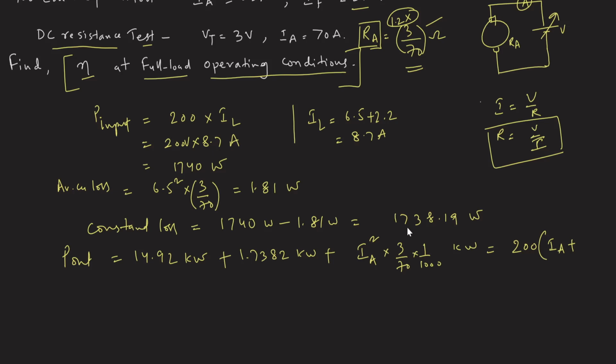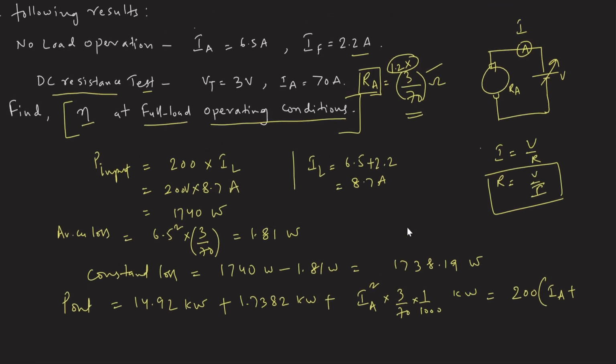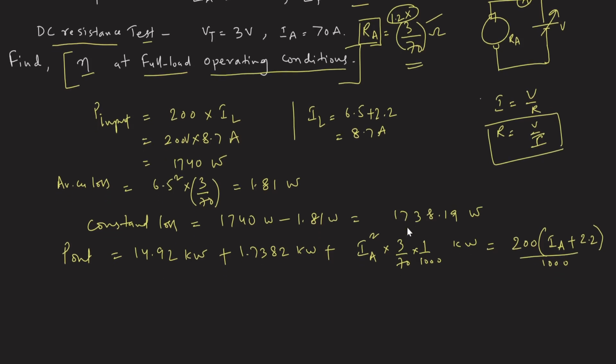Field current is known, 2.2 amps, divided by 1000 to get the kilowatts. So please do this. Tell me what is IA.